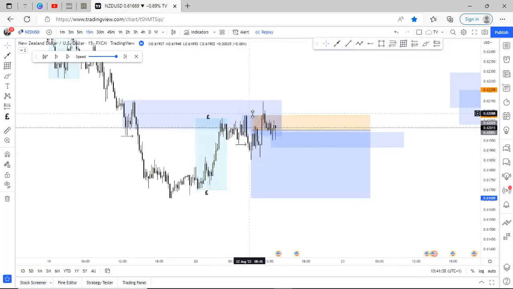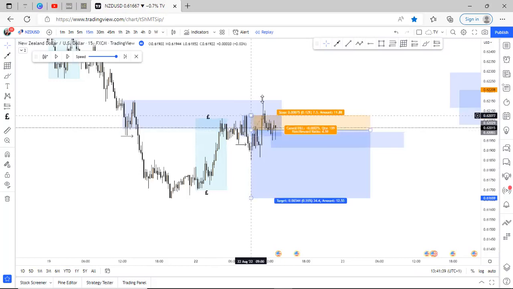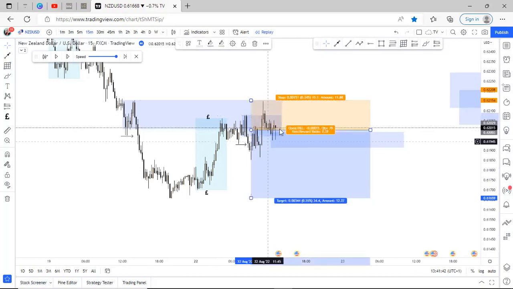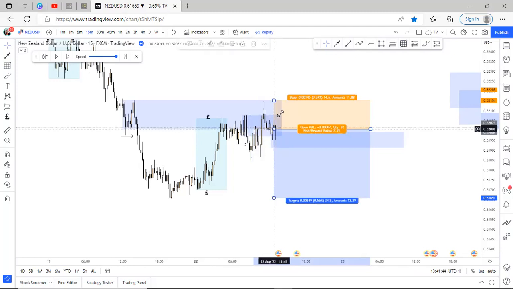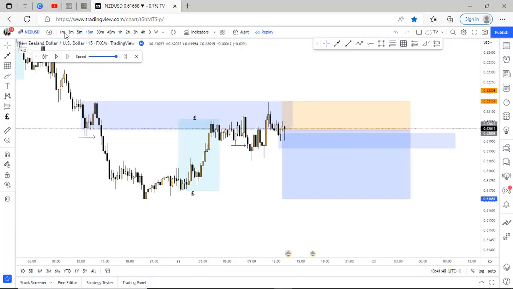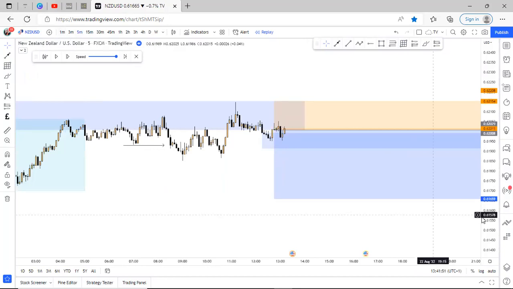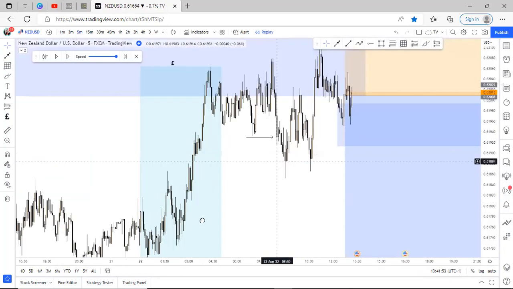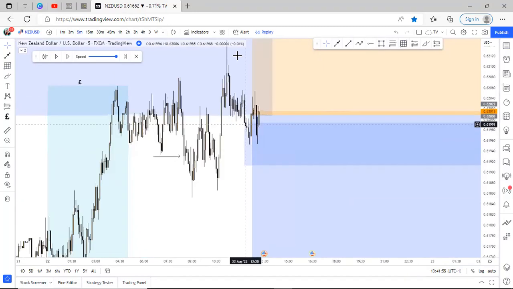I then market executed another sell trade, now having my stop loss at this high, and I got into a sell trade. I did not wait for a confirmation.